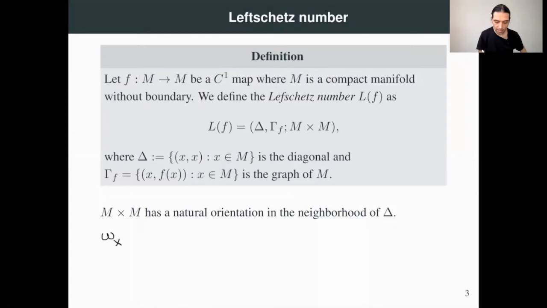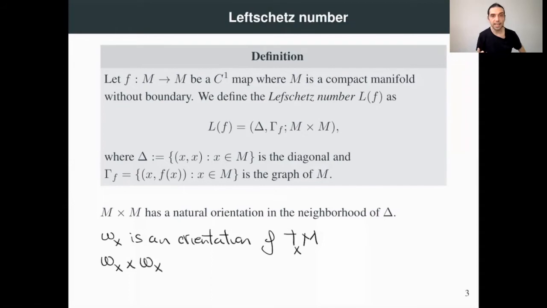Suppose that omega x is an orientation of the tangent space of M at x. We can consider the product orientation of omega x with itself, and this is going to be an orientation of the tangent space of M times itself at the point (x, x).